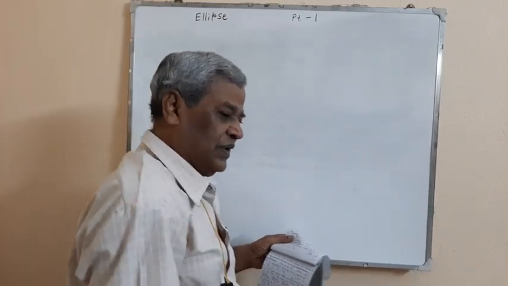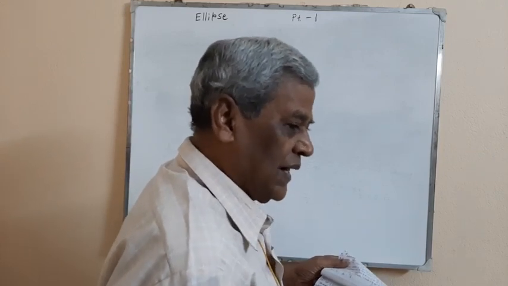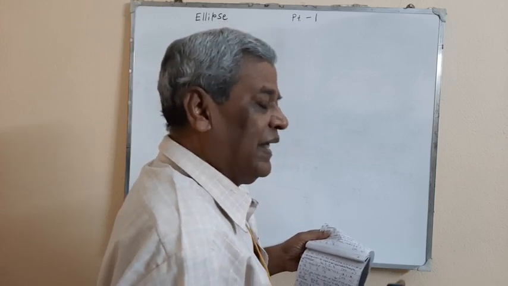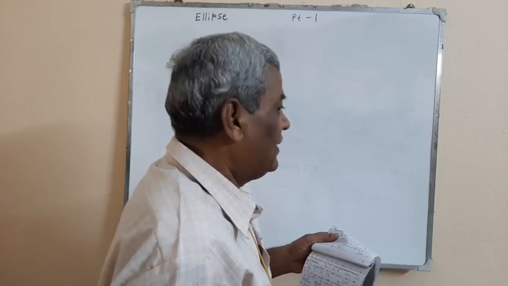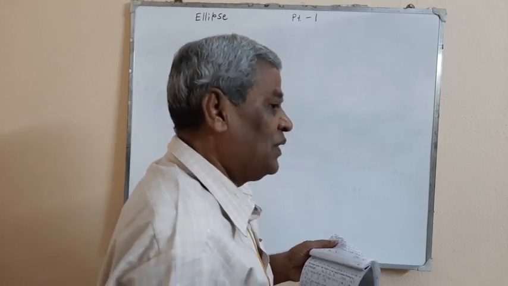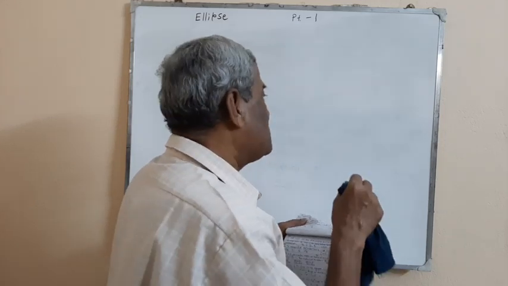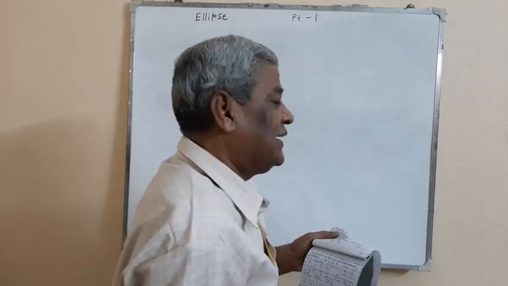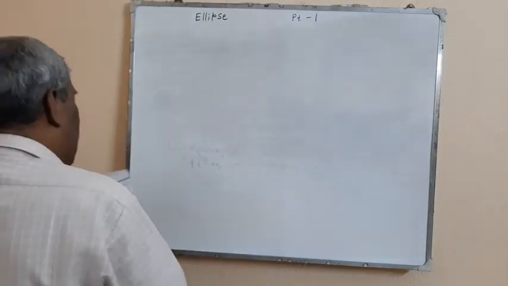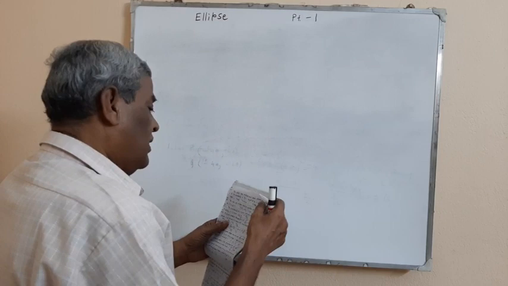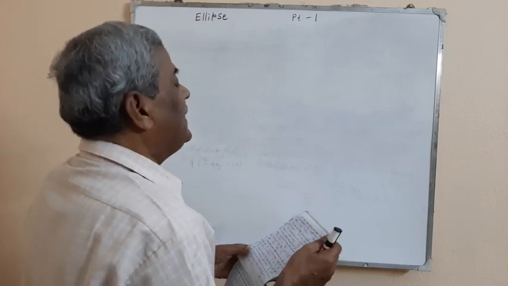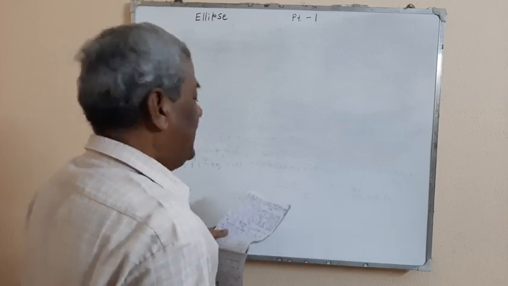Formula means equation, focus, relation between a, b and e, then length of latus rectum, distance between focus and vertex, distance between focus and directrix, and all these things. If you can remember, most of the problems given in competitive exams can be solved easily and quickly.